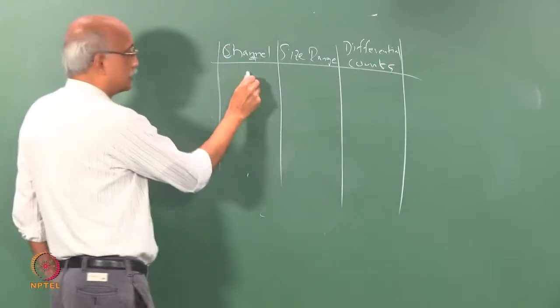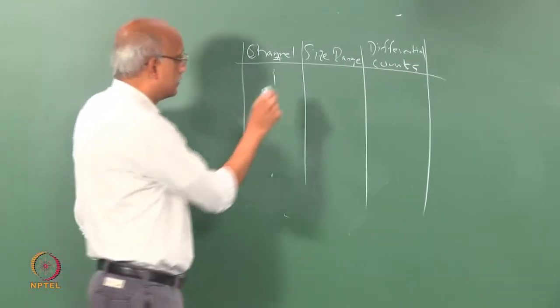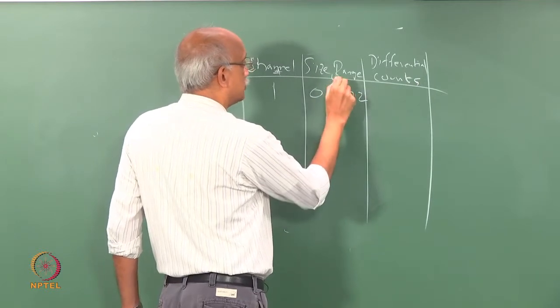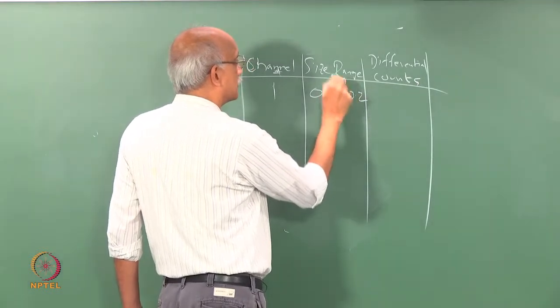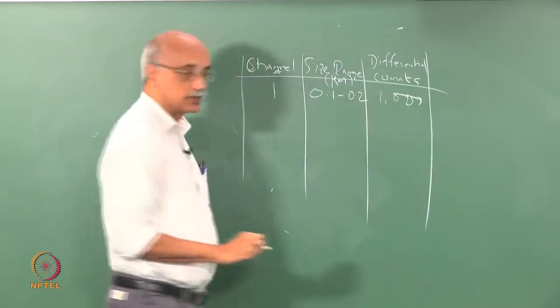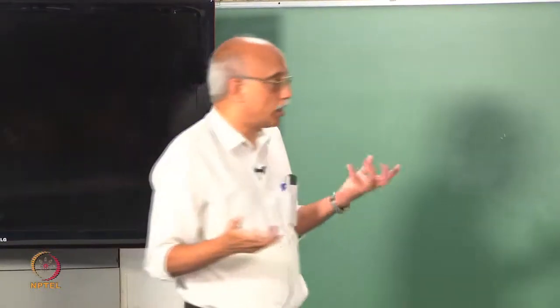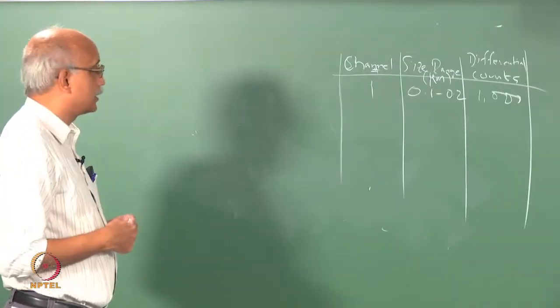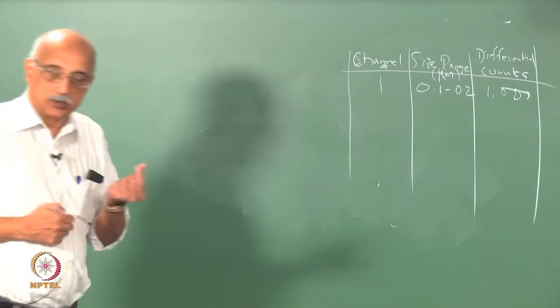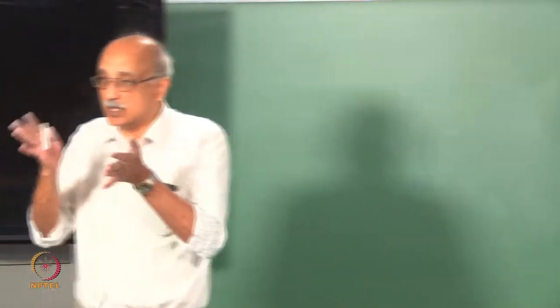So, for example, in a particle counter channel 1, we have a size range from 0.1 microns to 0.2 microns, and you may get about 1,000 particles in this size range per unit volume of the material that you are sampling. The differential count is the count that is obtained in that channel.